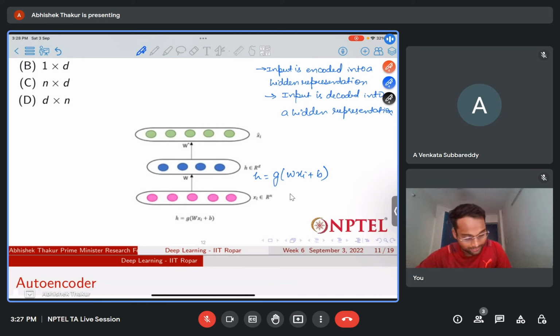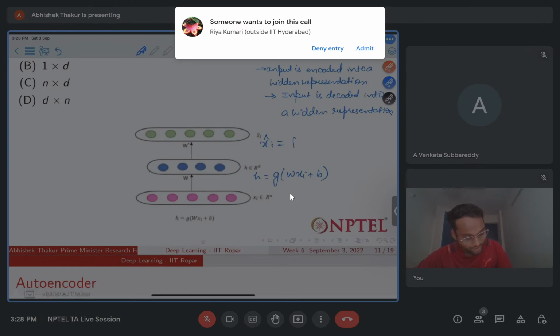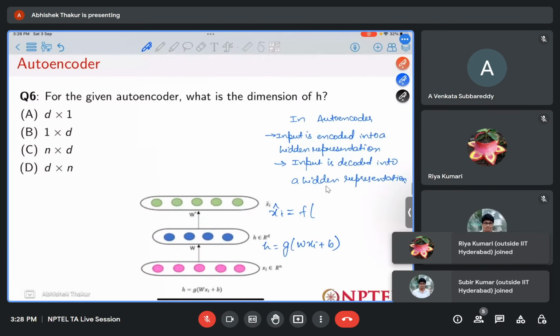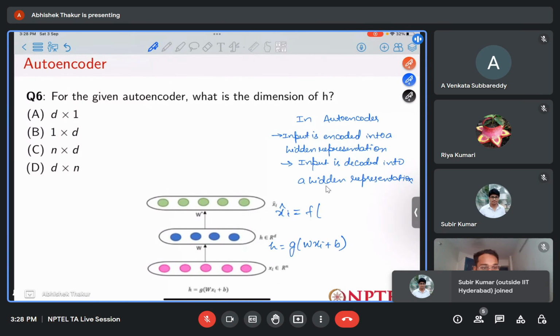And now here Xi hat will be equal to F of W star H plus C.